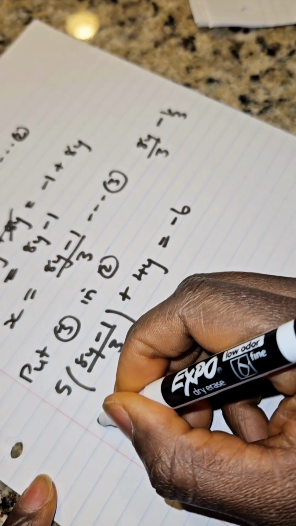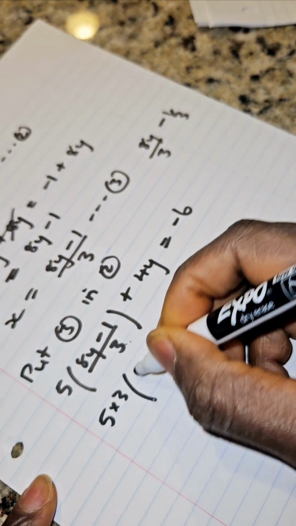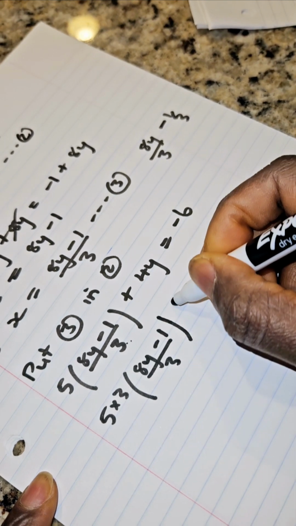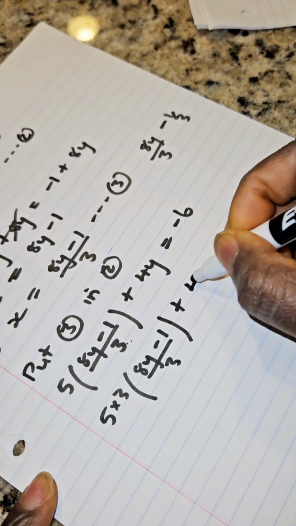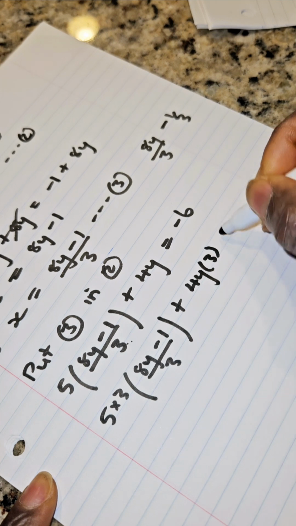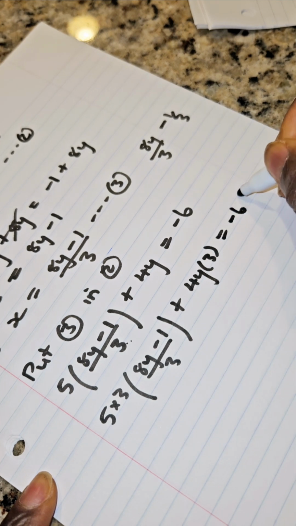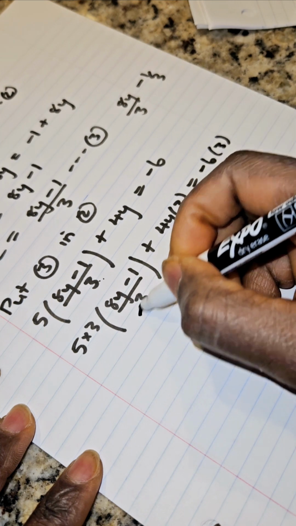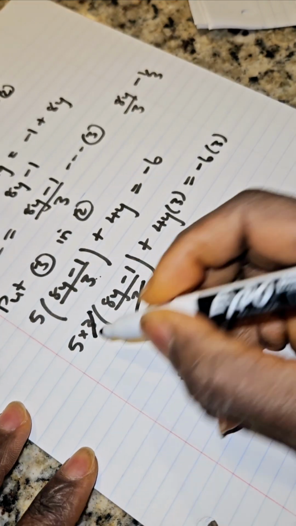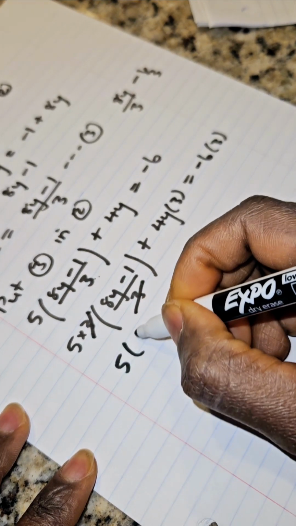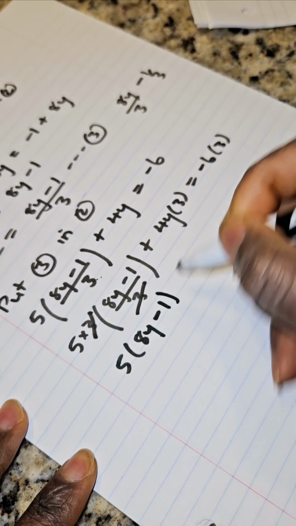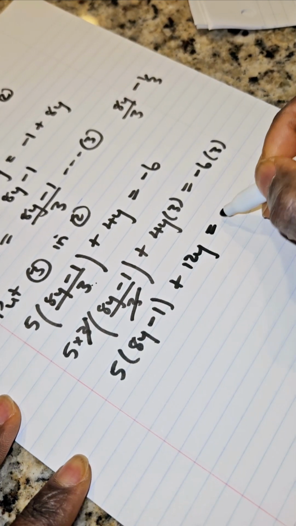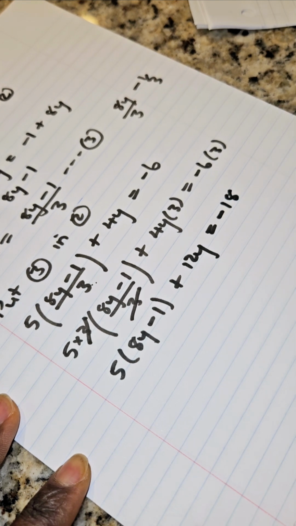So I will have 5 times 3, 8y minus 1 over 3, plus 4y times 3 equals negative 6 times 3. Now I can see that this 3 will cancel here and I will be left with 5 times 8y minus 1 plus 12y equals negative 18.